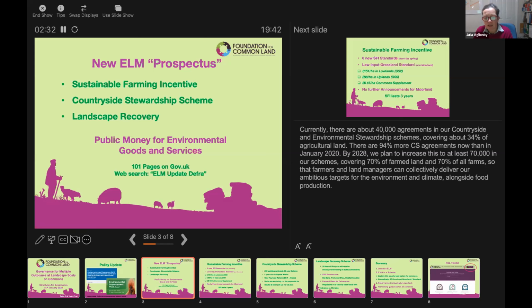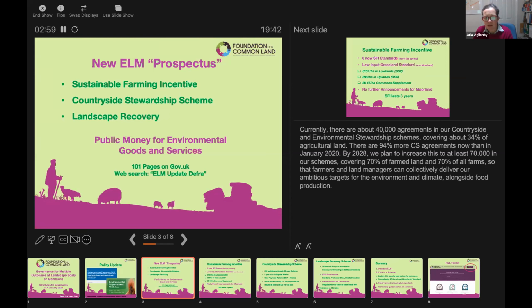But what we're really interested in is the content of these schemes. And while it's fantastic to have the clarity that we've had last week, we still feel there's quite a long way to go to ensure that Commons will deliver as much as they can, that commoners and the owners of common land will be properly rewarded for the public benefits they deliver for society.